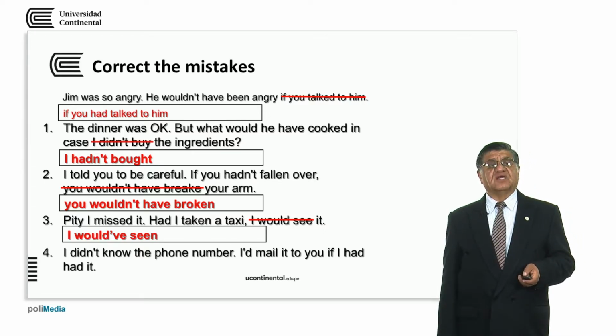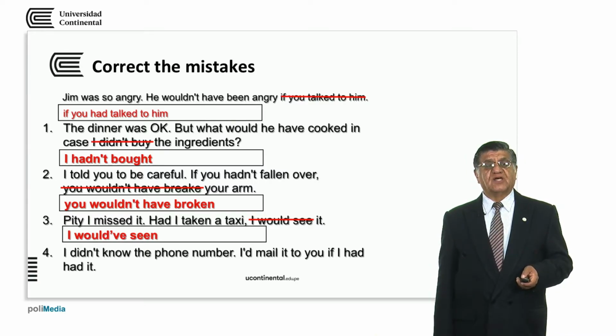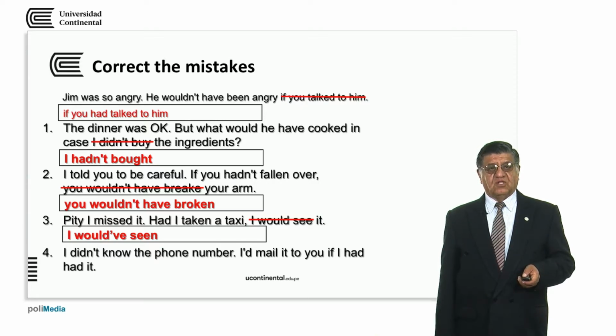Okay, and finally, I didn't know the phone number. I'd mail to you if I had had it. Let's see. The if clause in the past perfect, and the main clause in the perfect conditional. Okay? In this case, we have the if clause by the end, and so the first clause is the main clause, the perfect conditional.